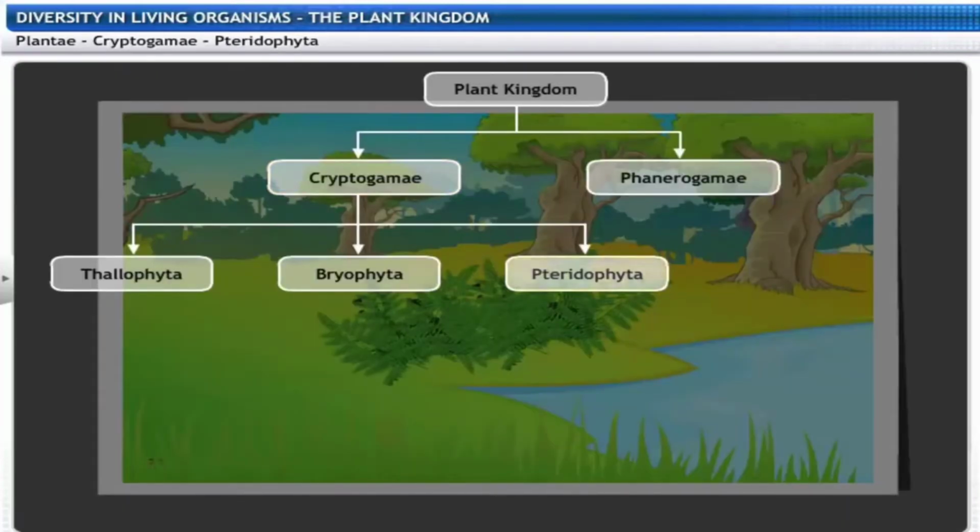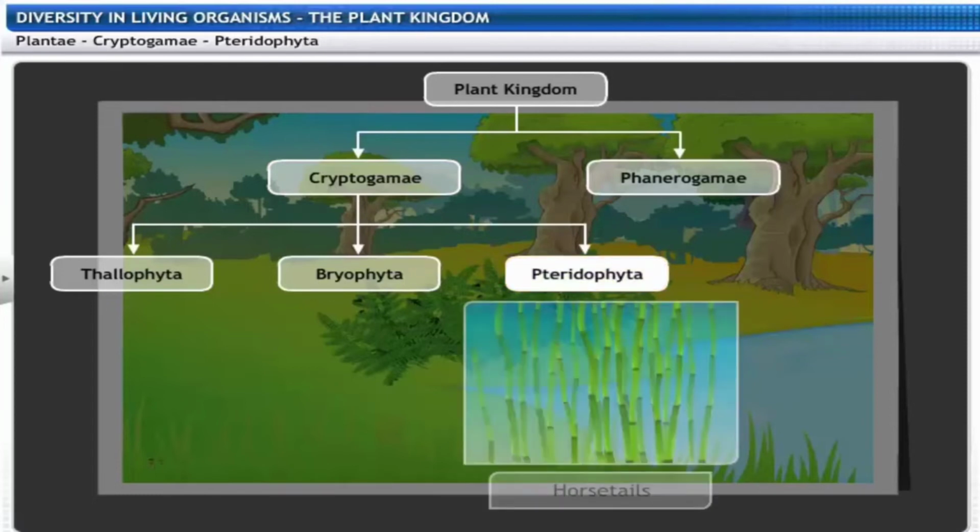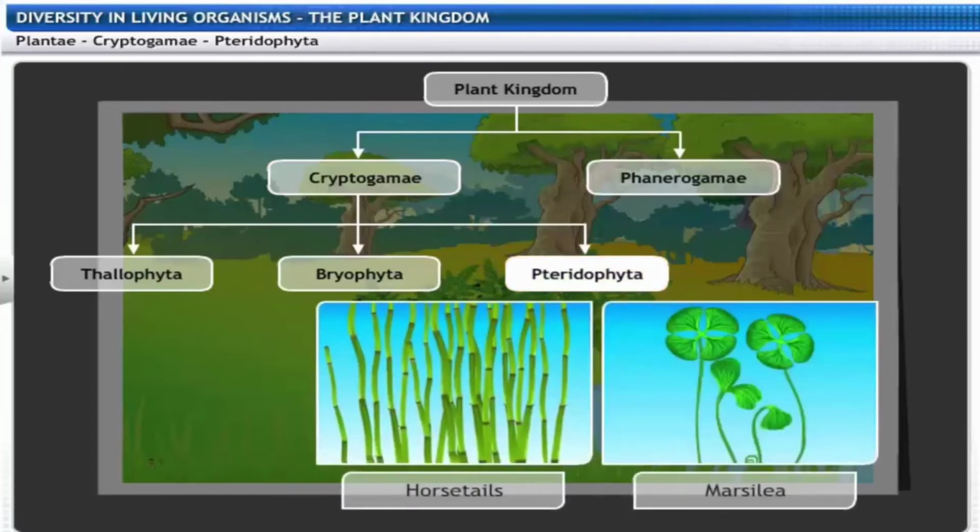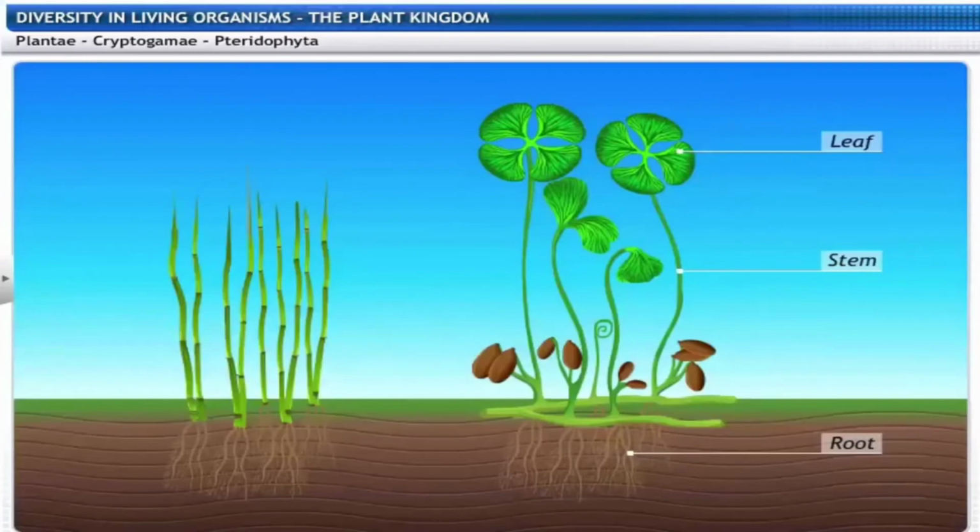The next group of plants that we are going to see is the Pteridophyta. Ferns, horsetails and Marsilea are examples of pteridophytes. In this group, as you can see, the plant body is differentiated into root, stem and leaves.